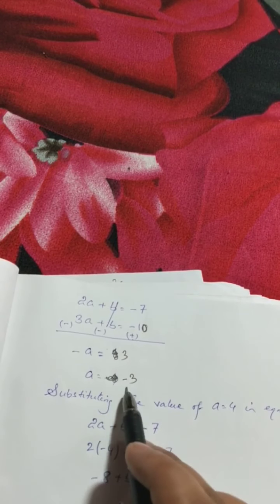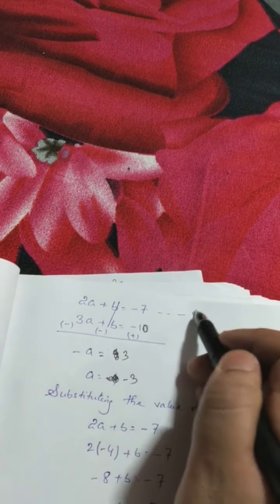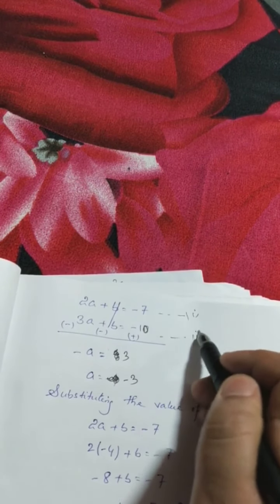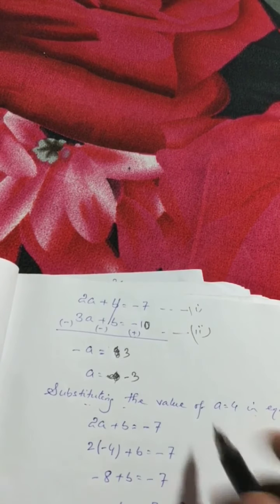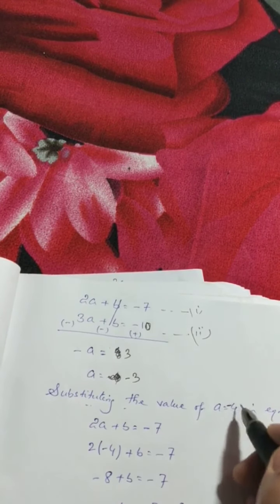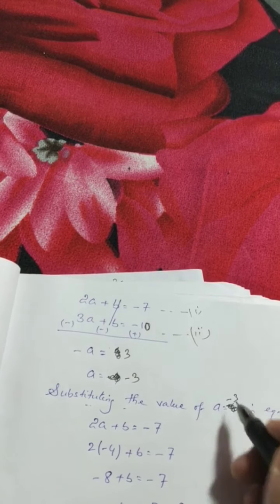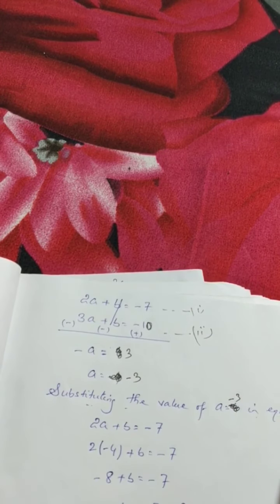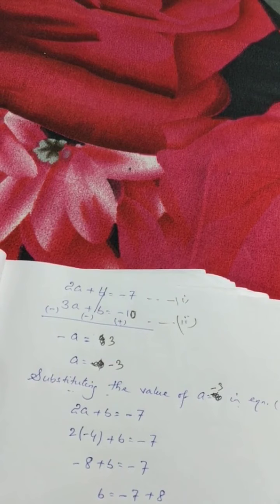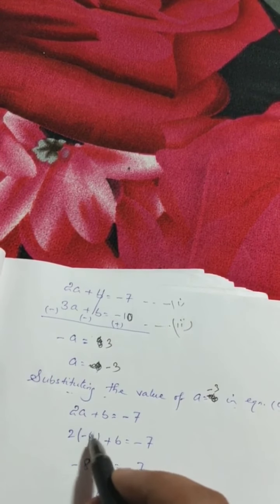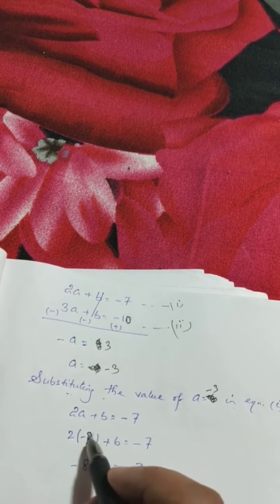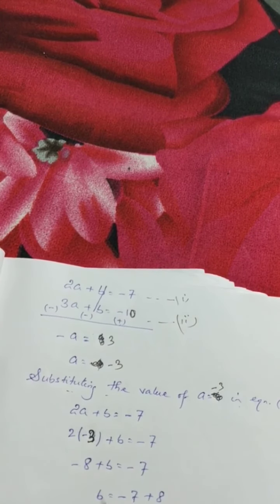Next we'll substitute this value of a either in equation 1 or in equation 2. So here we have substituted a is equal to minus 3 in equation number 1. So here we have 2a plus b, so in place of a we put the value minus 3.